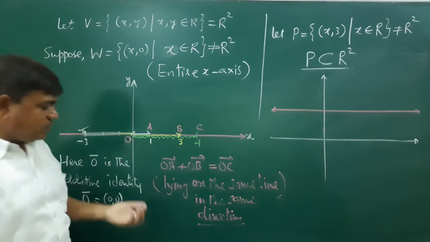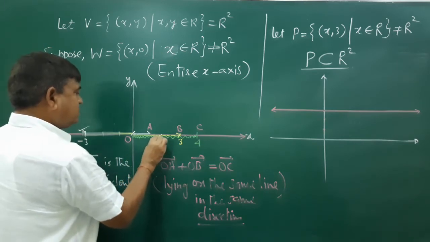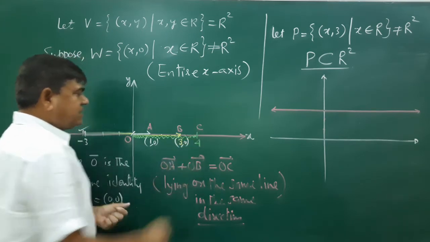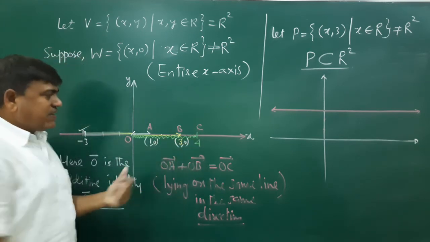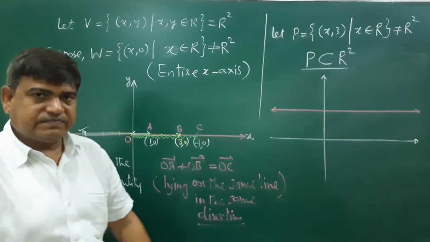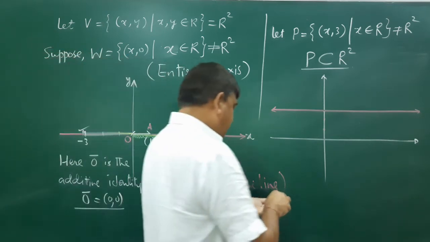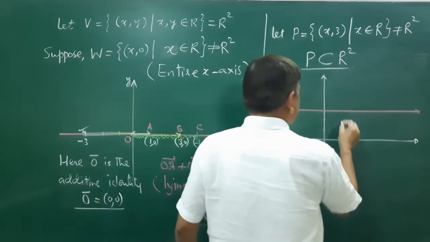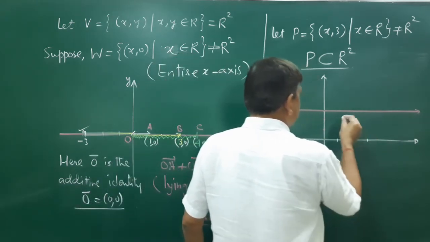If we consider 2 points here, this is 1, 0, this is 3, 0. If we add component wise, we find the answer is 4, 0. It is on the same line. Suppose I consider 2 points over it. One point is here, and the other point is at this place.